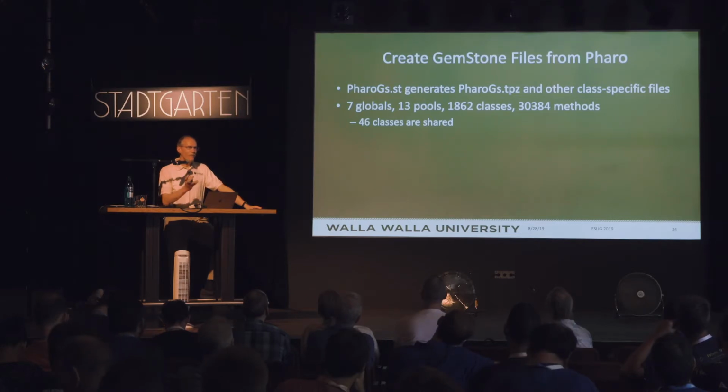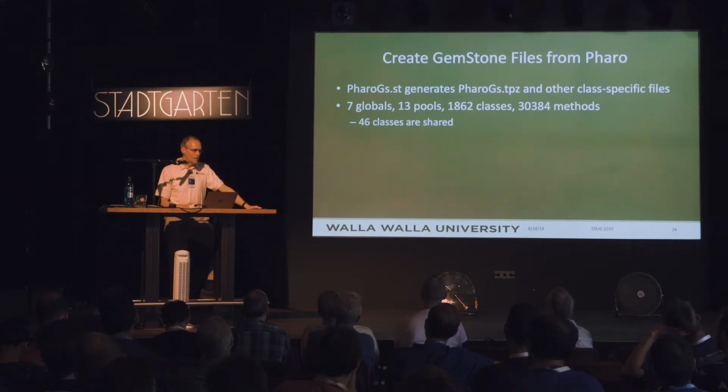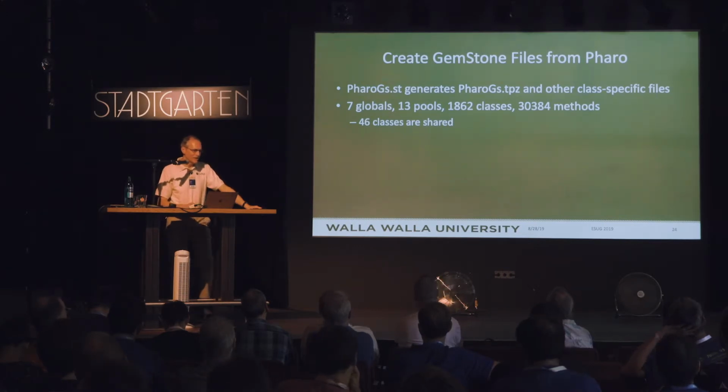So I've loaded and created a Pharo image that I want to work from. I export everything into a GS format, into a GemStone format. And this creates a series of files, a couple thousand files, that I can then import.